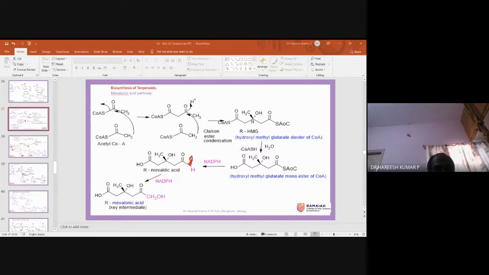Then if there is a combination of two isoprenyl pyrophosphates, it is possible to get geranyl pyrophosphate. Geranyl pyrophosphate and neryl pyrophosphate differ just in the cis-trans isomerism.